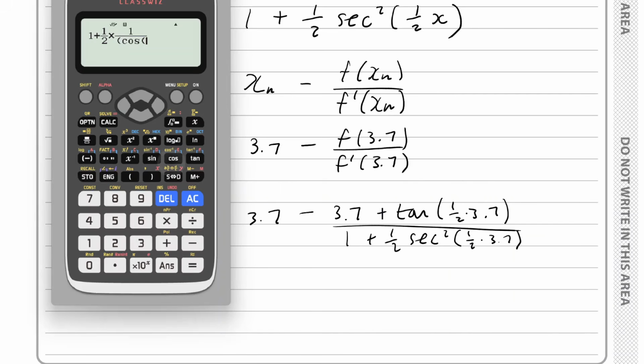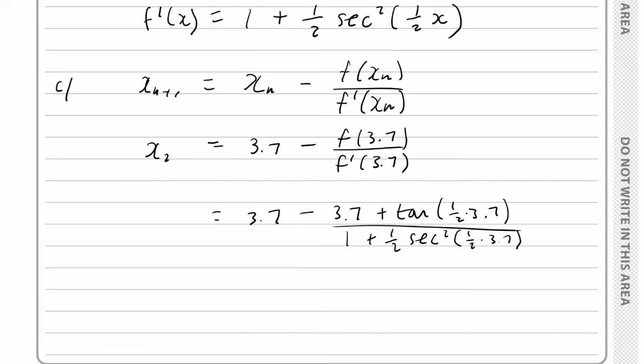I put a bracket, cos times half of 3.7, squared. So whenever we have cos squared or sine squared, to type it into the calculator, you put the squared in a bracket around the outside. So that should be our denominator. So 7.58, I'll store that one as B.